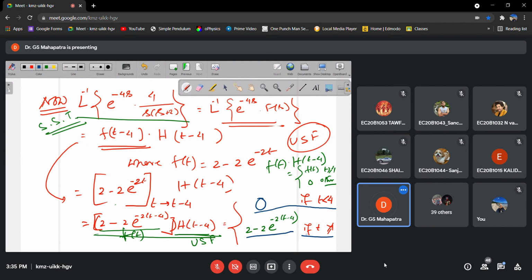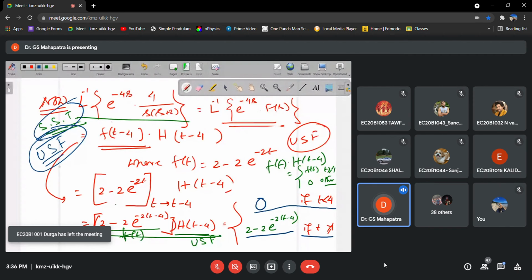Clear or not? You should not get confused between the use of this theorem, the second shift theorem, or these properties, and the unit step function. Two are different. You can find the Laplace transform of this one using this theorem, but there is no relation between these two. So now the final form I will write.